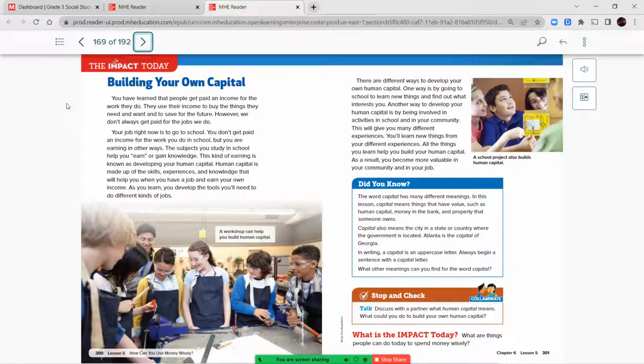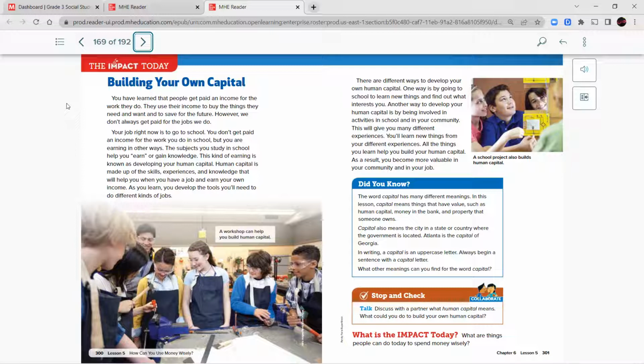Building your own capital. You've learned that people get paid an income for the work they do. They use their income to buy the things that they need and want, and to save for their future. However, we don't always get paid for the job that we do. Your job right now is to go to school. You don't get paid an income for the work you do in school, but you're earning in other ways.